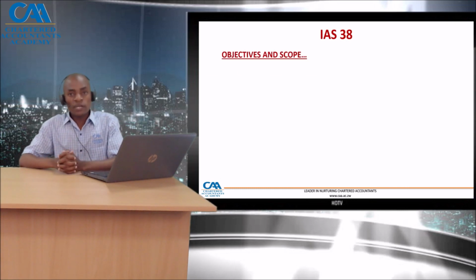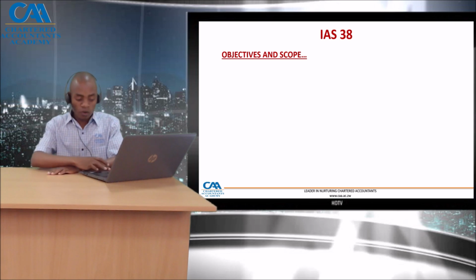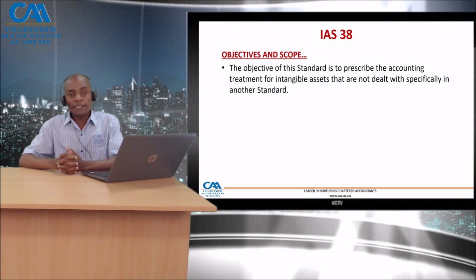where we are going to look at the objective of IAS number 38. The objective of IAS 38 is to prescribe the accounting treatment for intangible assets that are not specifically dealt with in any other standards. So it means that we have other intangible assets that arise as a result of different standards.